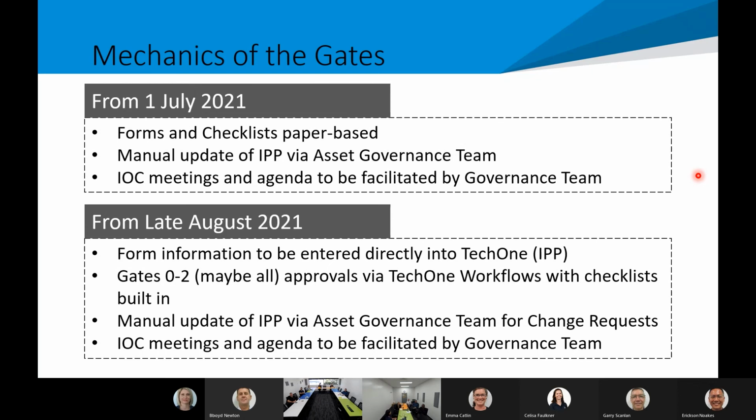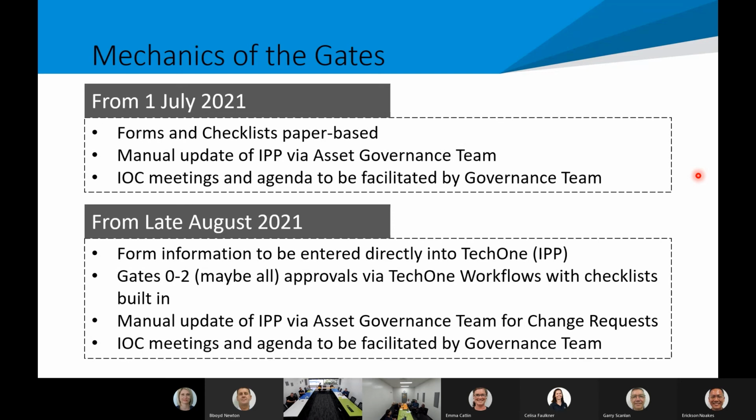So the forms and the checklists, whilst you can use electronic signatures or whatever, there are still going to be forms and checklists that have to be emailed for a short period. We have a process and procedures set up of who emails where and at what point. So there will be that detail for you.